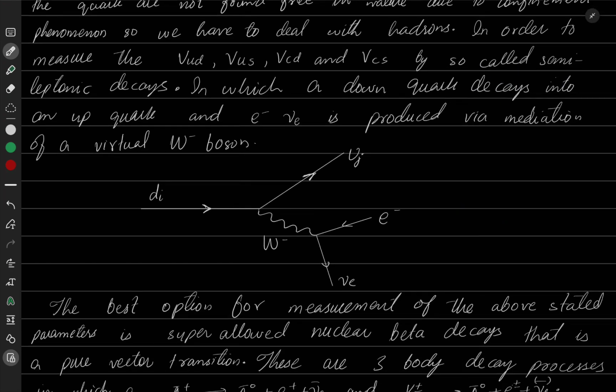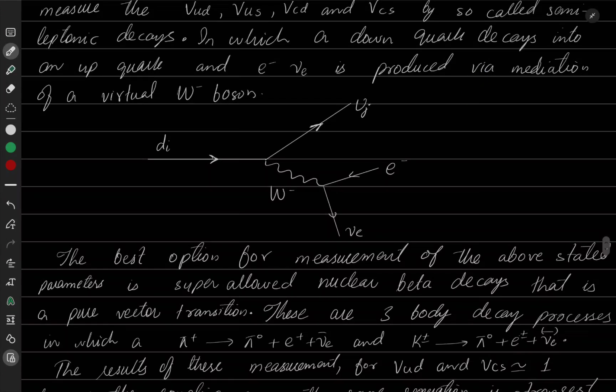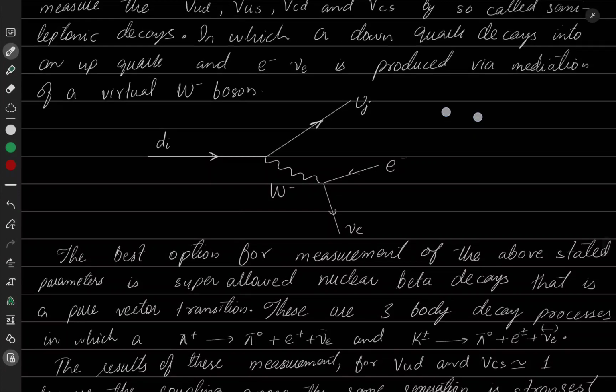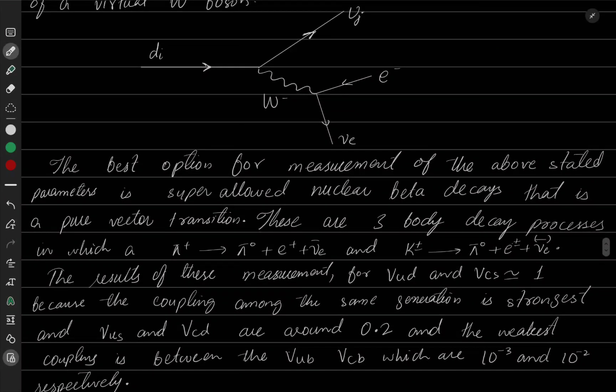So in this Feynman diagram, a down quark is decaying into an up quark via a W boson, and then the W boson decays into an electron and an electron antineutrino.